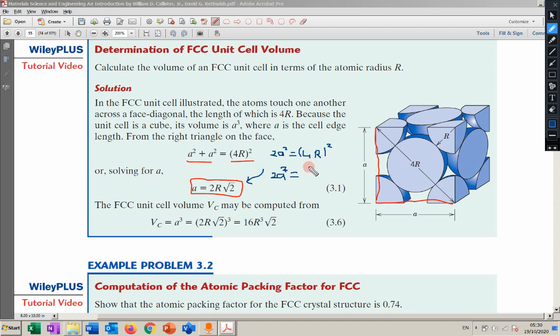On the other side, if I open it, it will be 16R squared. And then these two will come under here. What will happen? We'll have A squared will be 8R squared.